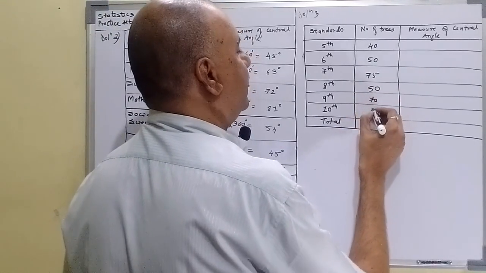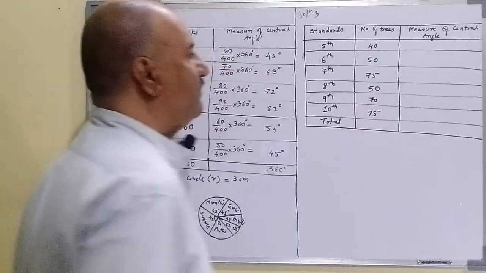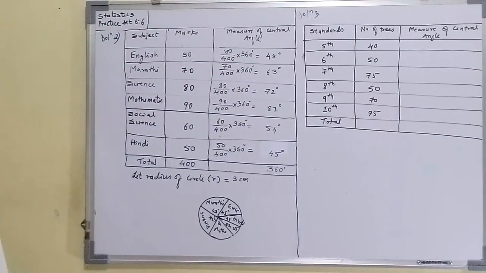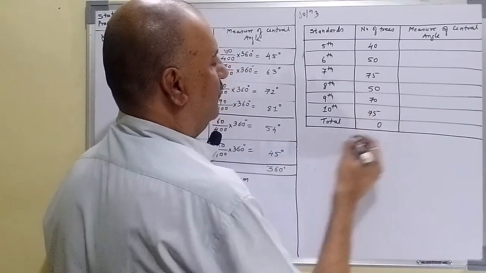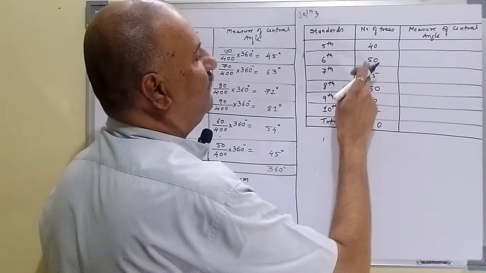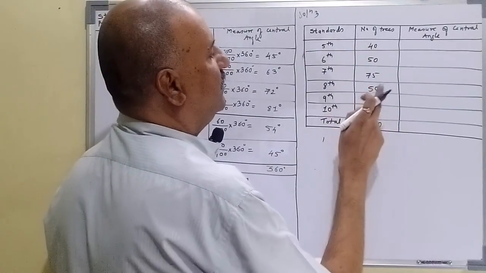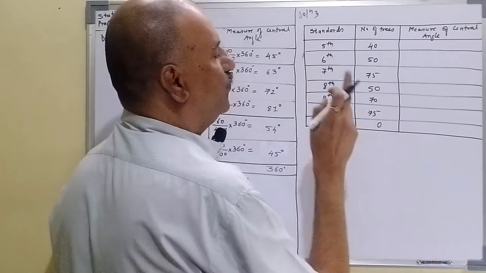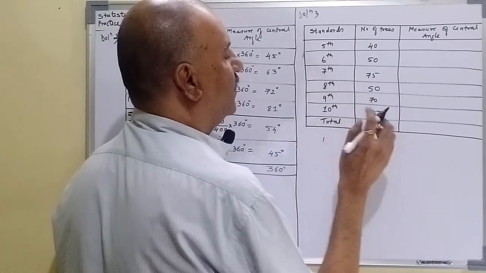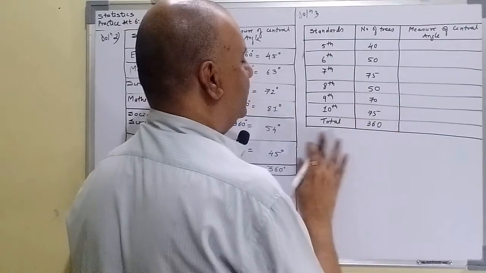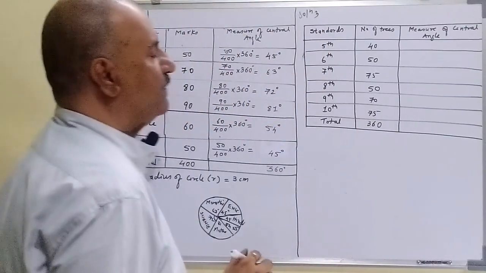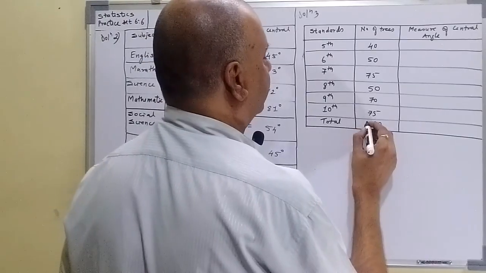See what the total comes to: 5, 10, 17, 22, 29, 36. The total comes to 360.